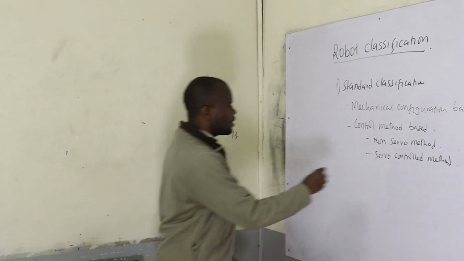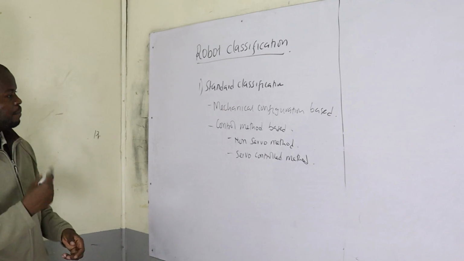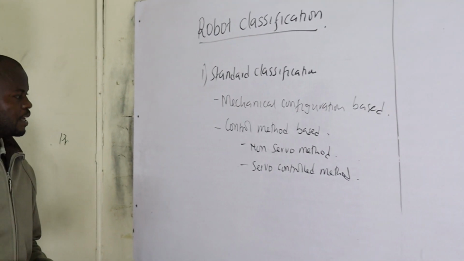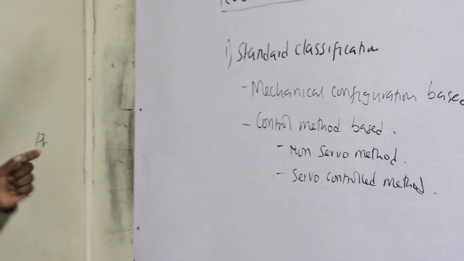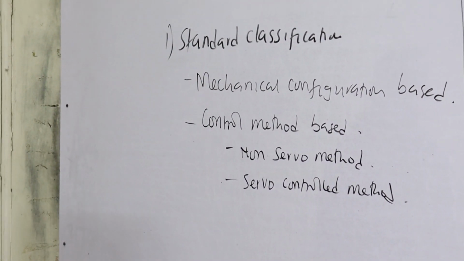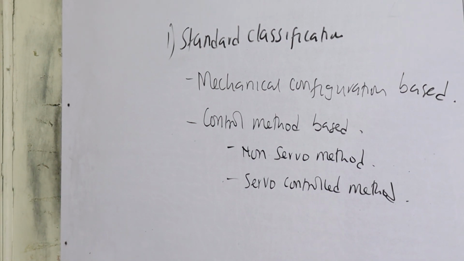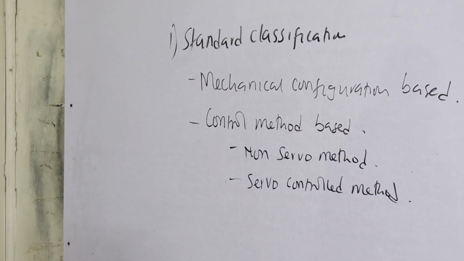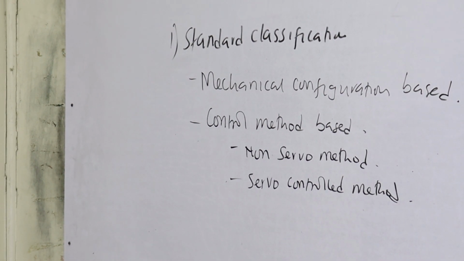Just as the name suggests, it uses the servo mechanism whereby all the time it is checked if there is a deviation between the output and the set point, in order to bring about that small movement that will ensure that the system works. So that is all as far as standard classification is concerned.